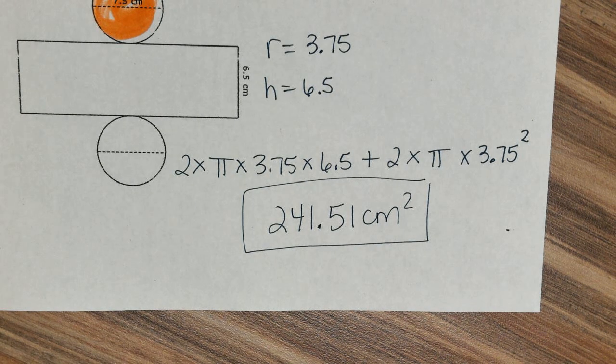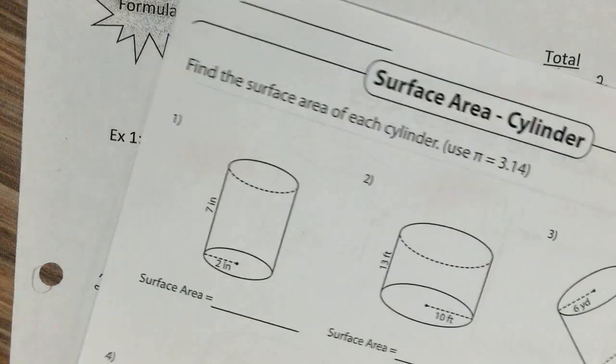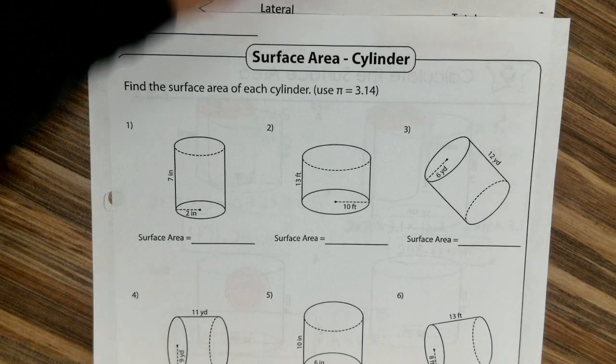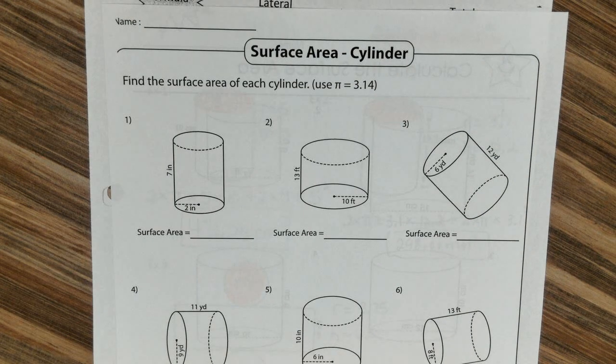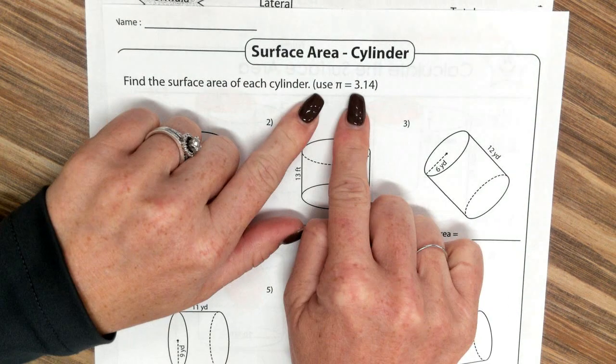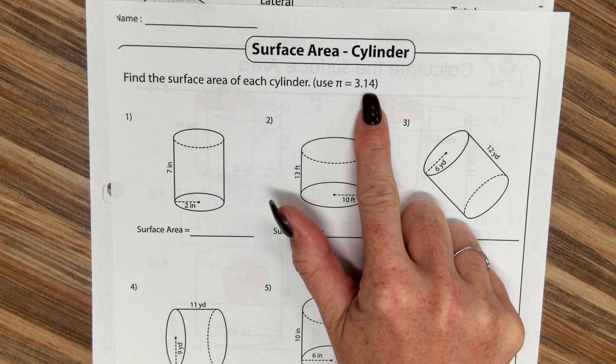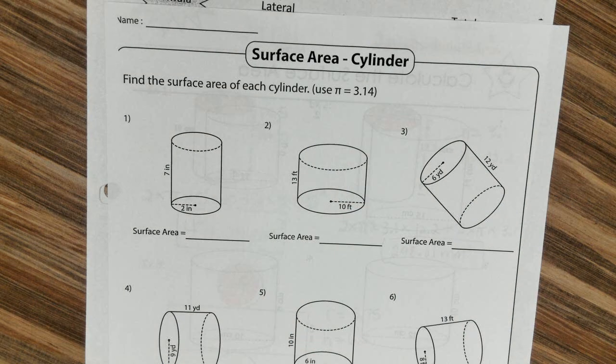Okay, get the assignment that I just passed you. And this is going to be the front right here. So I want you all to start on this side. Now, at the top, it says use 3.14 for pi. We're going to use our pi button. On the STAR test, I need y'all to listen. This is very important. On the STAR test, if it says use 3.14 for pi, then you don't use your pi button.